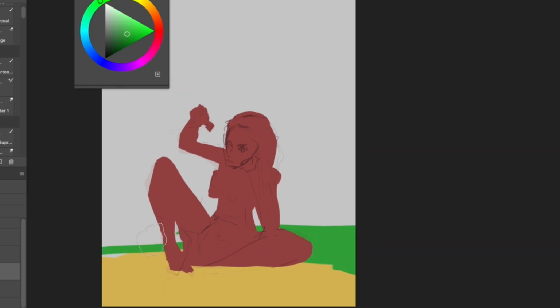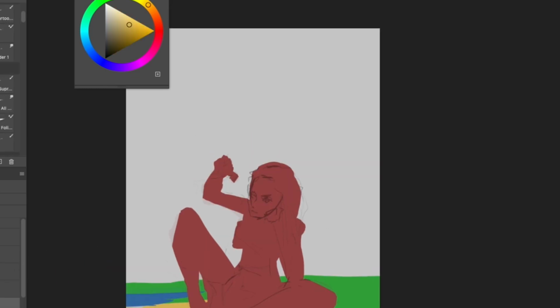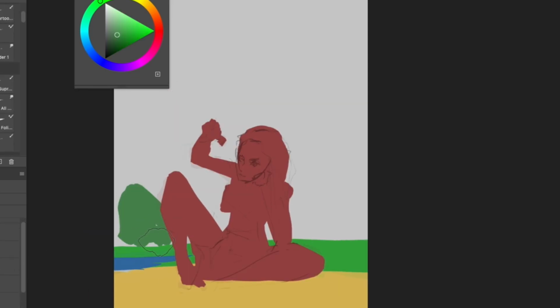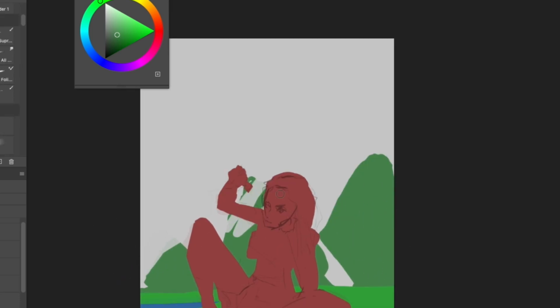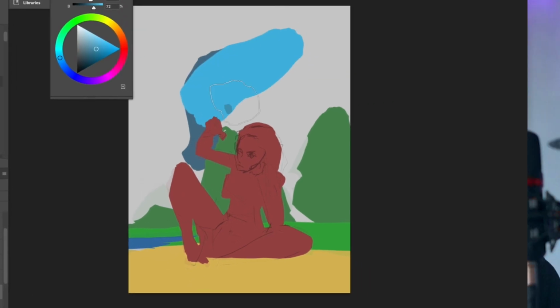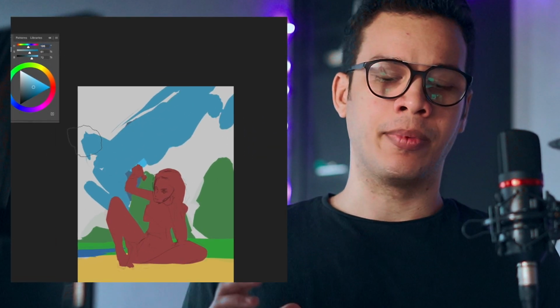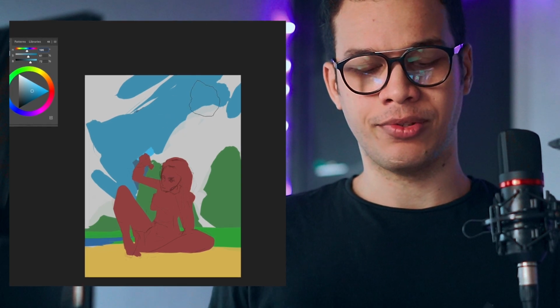This is the blocking stage. I'm going to show you a little bit of how it would look when I start blending colors and creating the balance of the art piece. Because half of the battle is learning communicating your shapes.